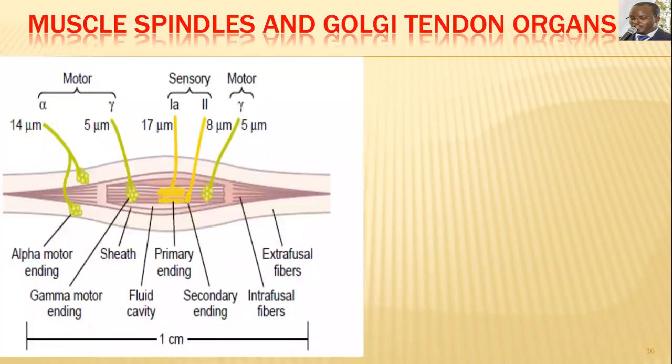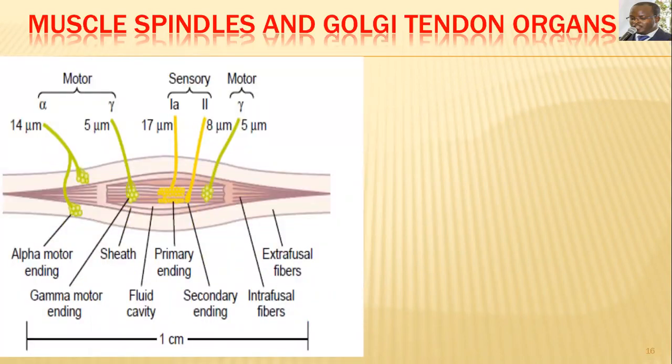So without wasting time, let's start by looking at muscle spindles and Golgi tendon organs. They're involved in stretch reflexes and inverse stretch reflexes, which we also discussed in part A of motor system lecture 2. Okay, so let's proceed.